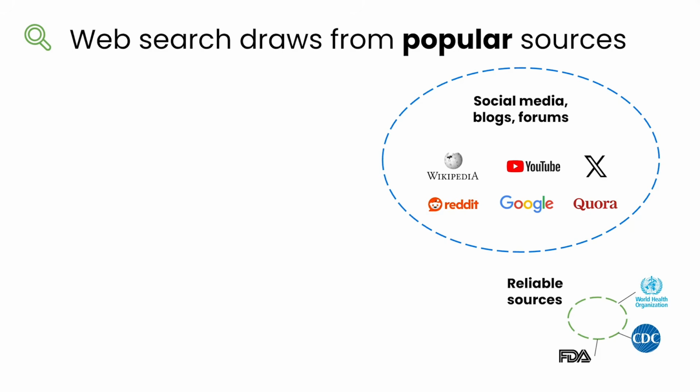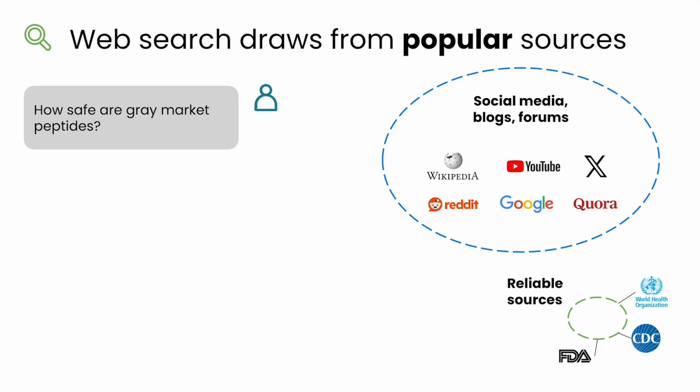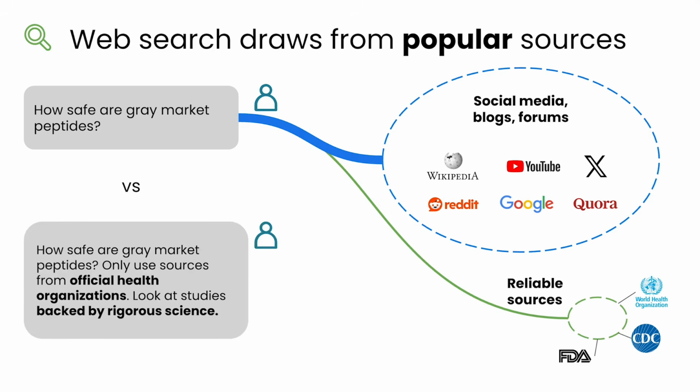So that's why if you ask it, "how safe are gray market peptides," it might base a lot of its answer on social media, blogs, and forums, and only a little bit on the more reliable sources. Whereas if you tell it to use sources from official health organizations, it may pull much more from these reliable sources.